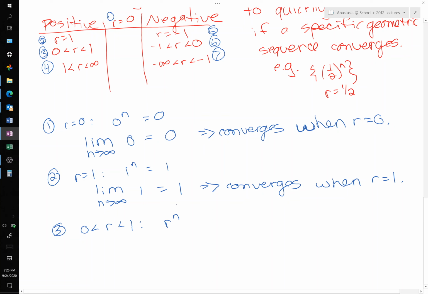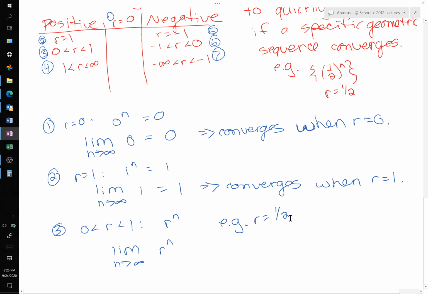Third case, we have r between 0 and 1. So we're going to have to just consider a general r to the n here. But if we talk about the limit as n goes to infinity of r to the n for an r value that's less than 1, for example, consider r equaling 1/2, like I wrote up here. If you take 1/2 and you raise it to a power, and then a larger power, and a larger power, you're going to have 1/2, and then 1/4, and then 1/8, and 1/16, and so on and so forth.